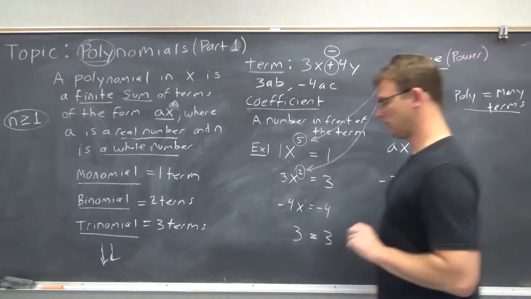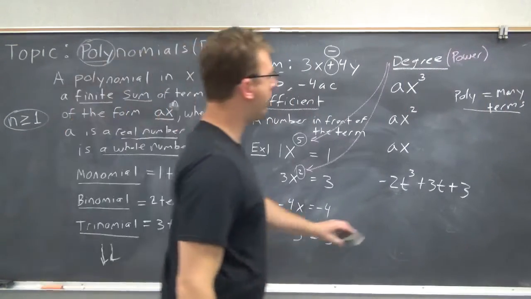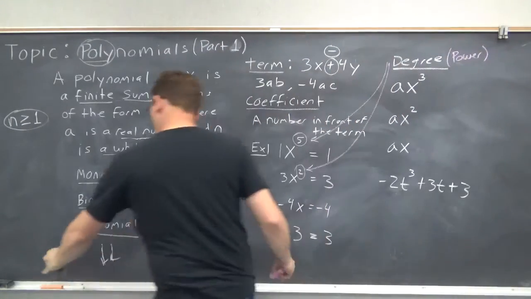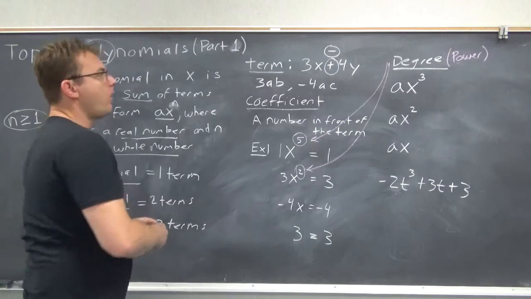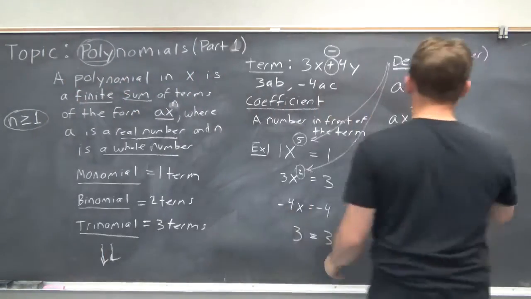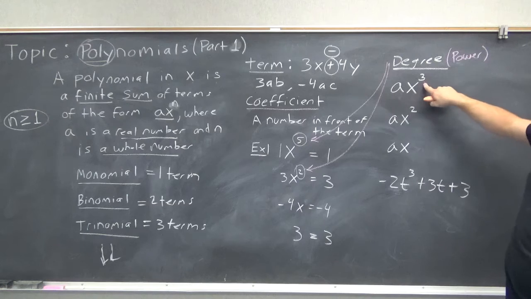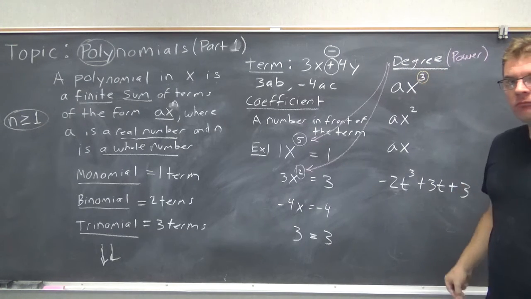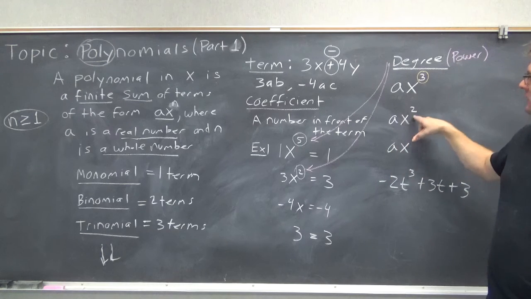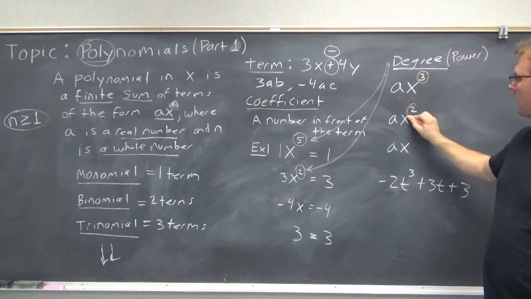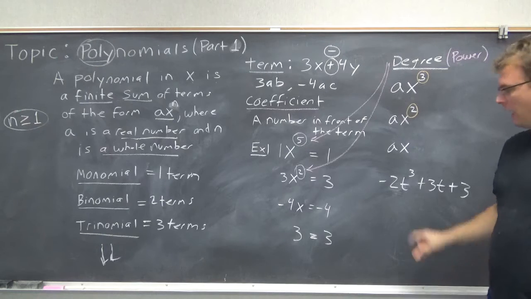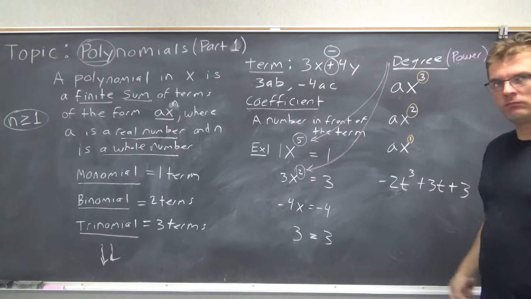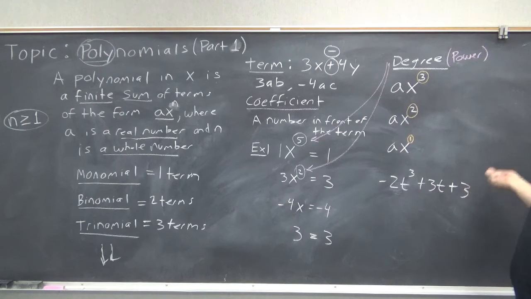So what's the power of ax to the 3rd? The degree is 3. Ax squared, 2. Ax, 1.